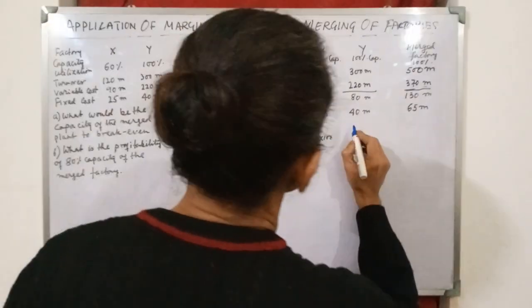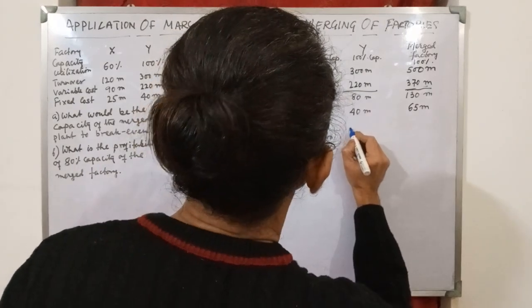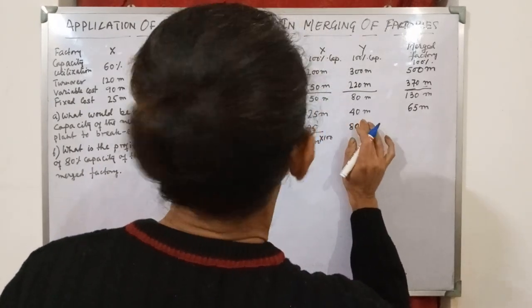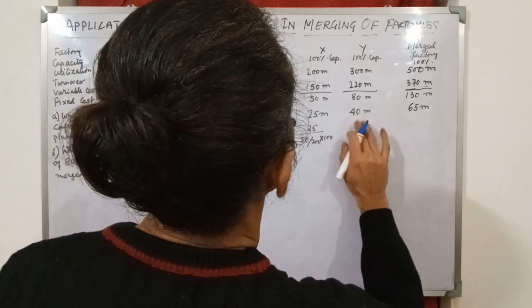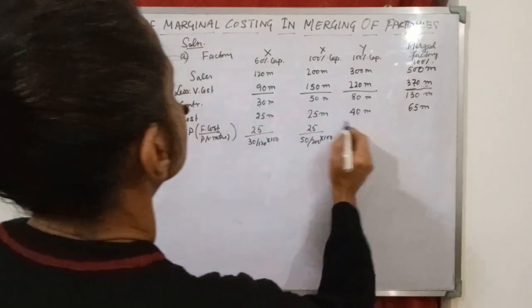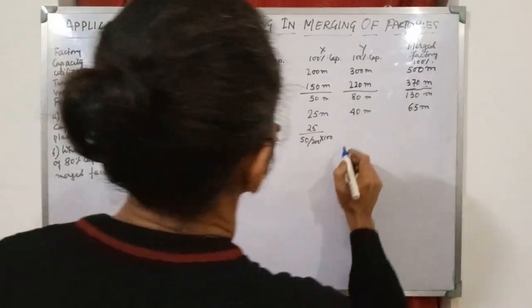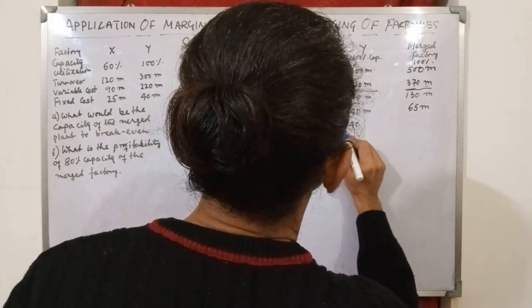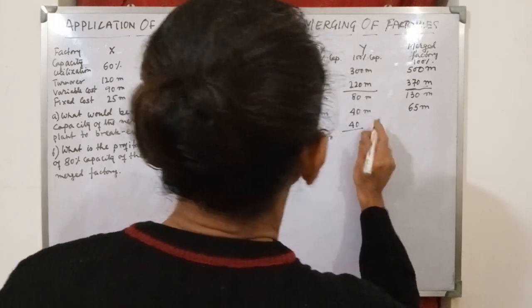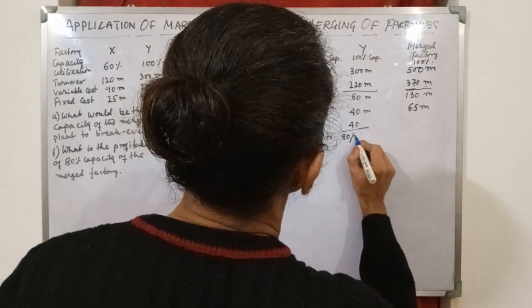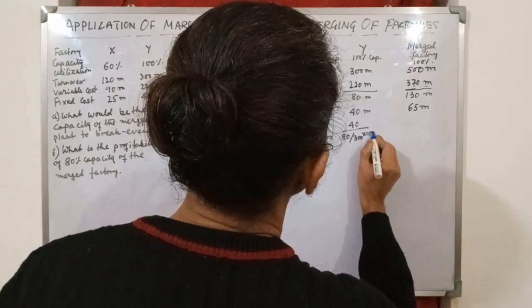And here, 80 is the contribution, and fixed cost is 40 million, so 40 divided by 80 divided by 300 into 100.